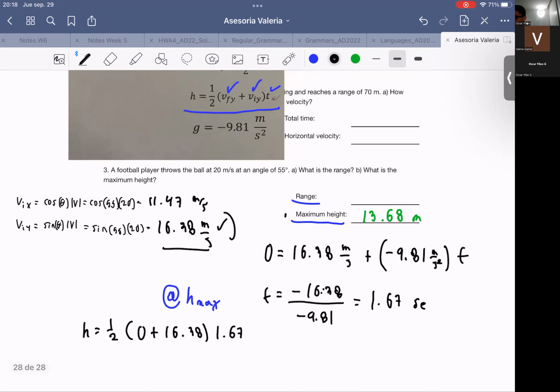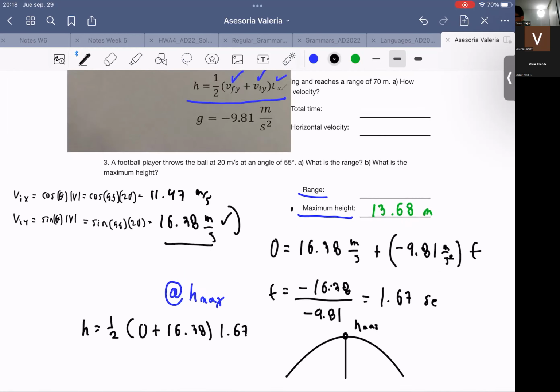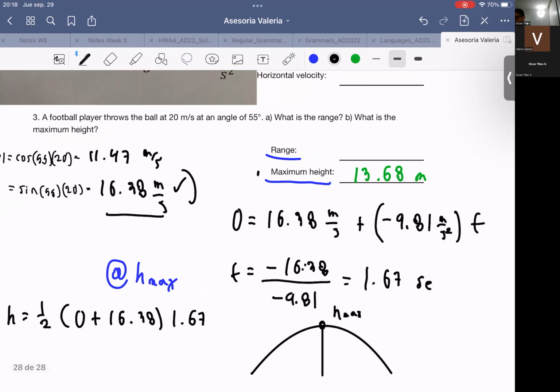But now let's think a little bit about the parabolic movement. If you remember, when we are at our maximum height, we are at half of the parabola. And we said that the time it takes to go up is the same time it takes to go down.